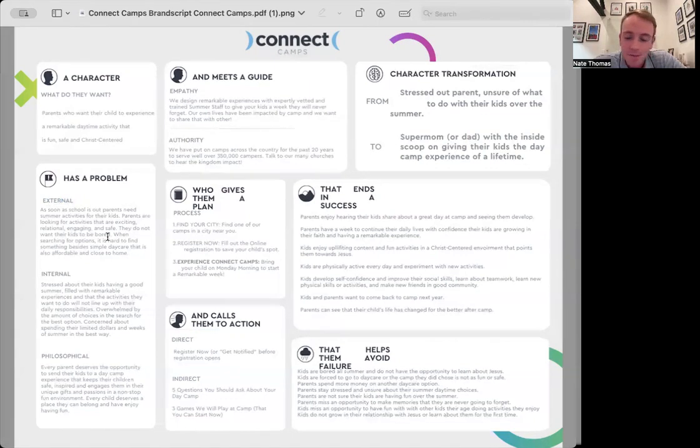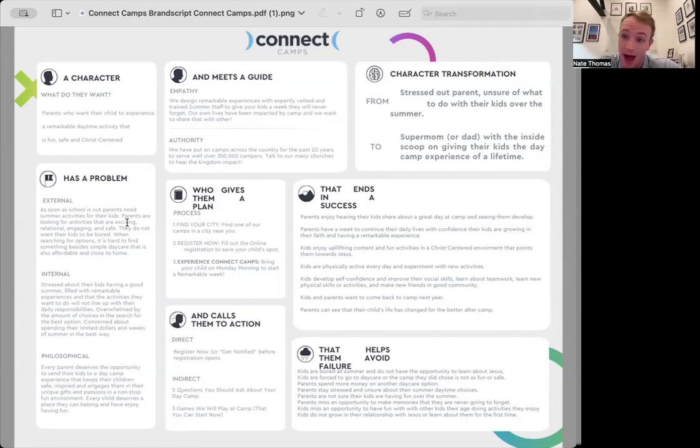So an external need is something that's really obvious. Anyone from the outside could look in and see that that is a problem. So an external problem could be your car goes out and now you need a new car, or you're turning 16 and you need a car. Something that's really obvious is an external problem.